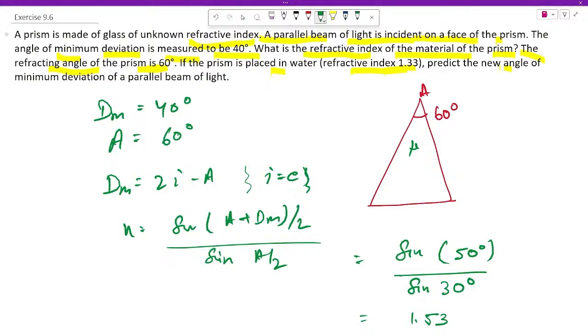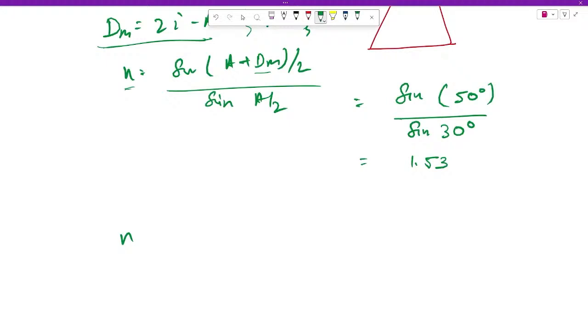Now we have to find out what happens if the prism is placed in water. What will be the new angle of minimum deviation? The refractive index of the prism is 1.53, so the formula will turn out to be 1.53 divided by that of the incident medium, that is water, 1.33.